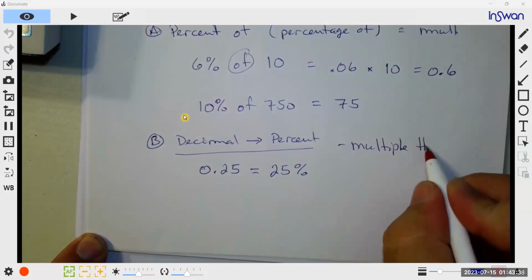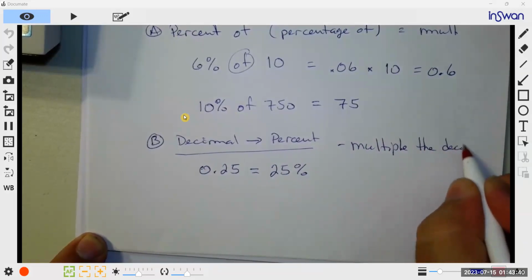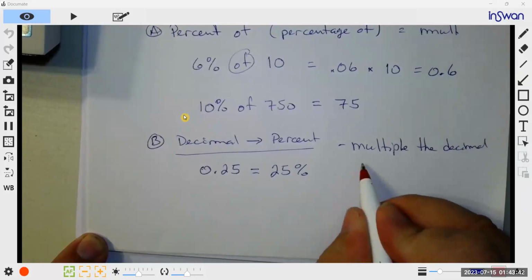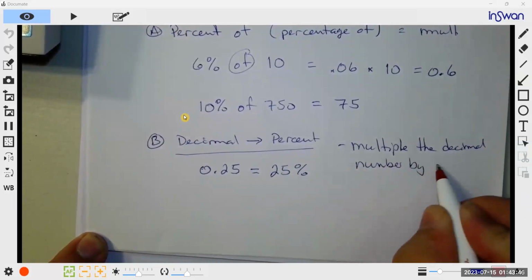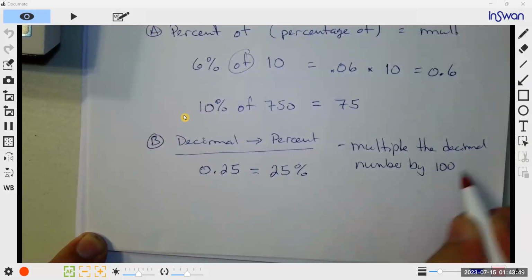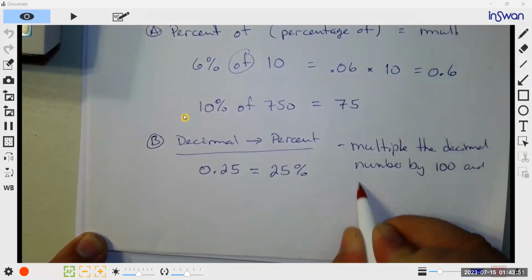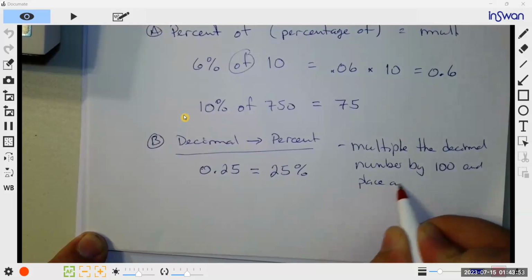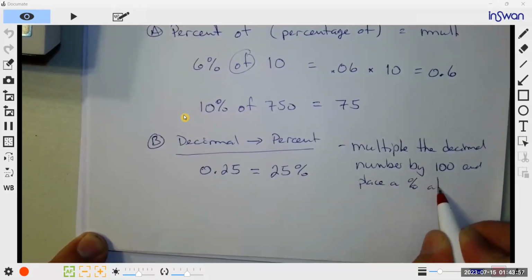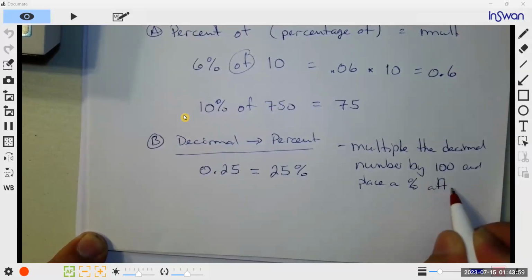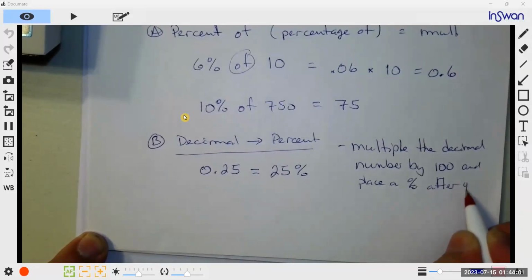Multiply the decimal number by 100 and place a percent sign after the solution.